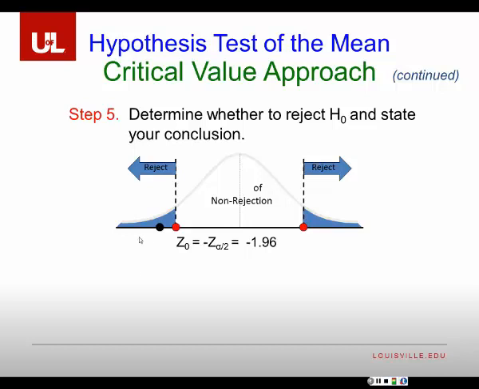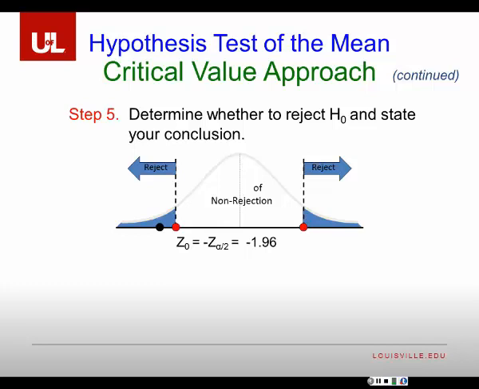Now, if you don't like this method, where you find the critical value for z, there's another method called the p-value method. The p-value method works in a similar way. Instead of comparing these observed z's and finding out if you're in this area, you're going to compare the observed probability. What is the probability of our observed z being greater than or less than the alpha?